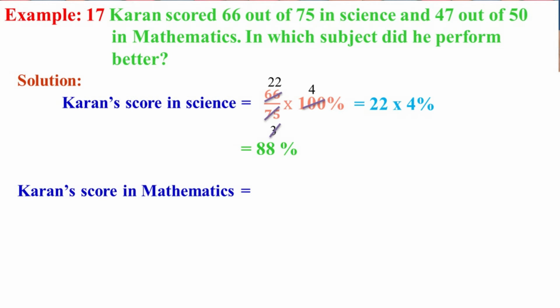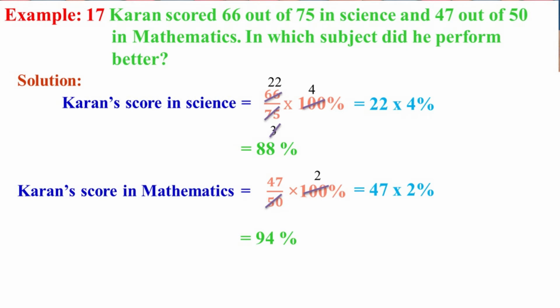And to convert to percentage, we have to multiply by 100. So 47 by 50 into 100. We can cancel by the common factor. 100 and 50 are cancelled by 50. On cancelling, we get 2 in the numerator. Now the remaining numbers are 47 into 2. Therefore, the percentage is 94 percentage.